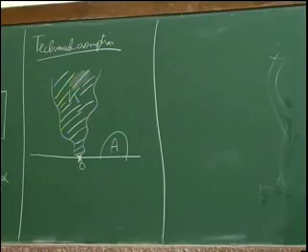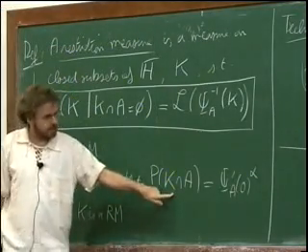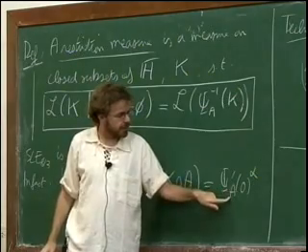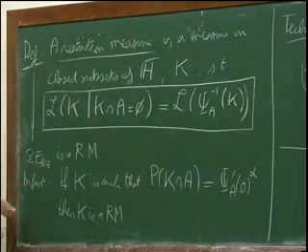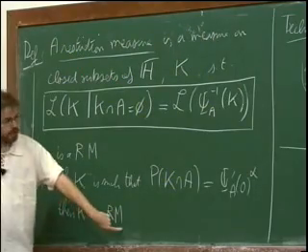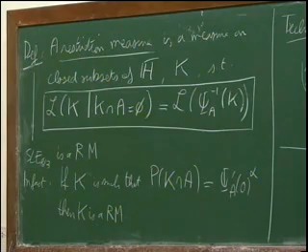Okay, so I told you that if K is such that this is equal to phi prime A of 0 to the power alpha, then it's a restriction measure, and it characterizes this restriction measure uniquely. In fact, what is true is the following.